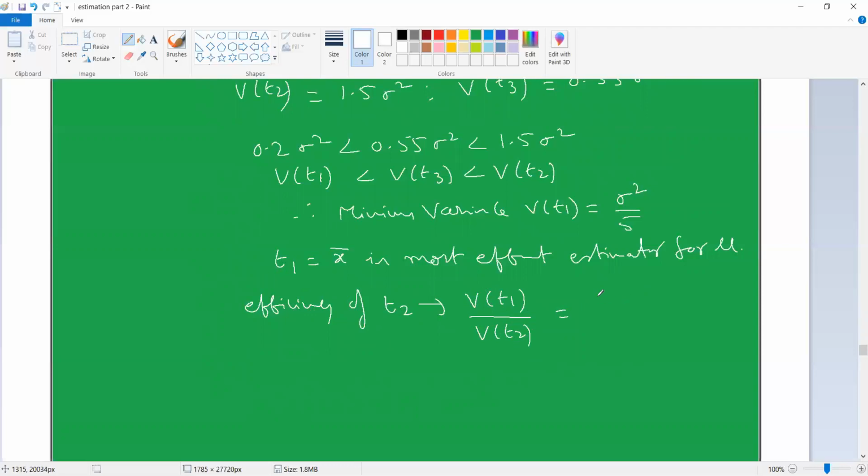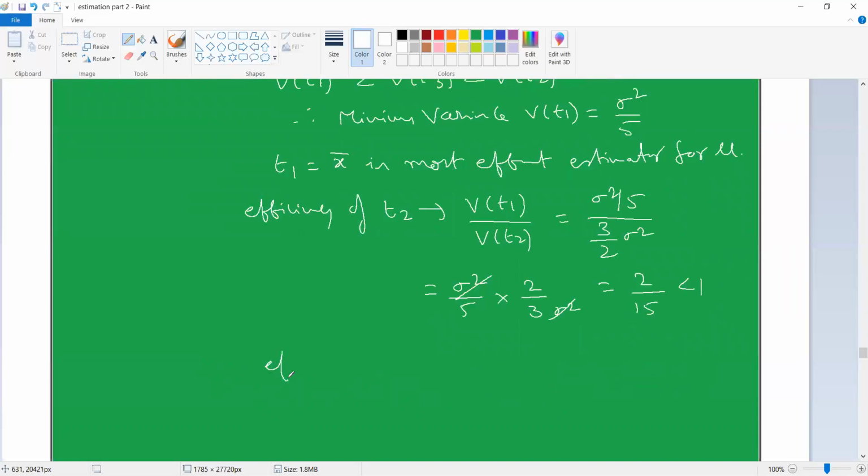Variance of T1 is sigma square by 5, variance of T2 is 3 by 2 sigma square. Now sigma square by 5 into 2 by 3 sigma square, sigma square cancels, that is equal to 2 by 15. That is the efficiency, which is less than 1.